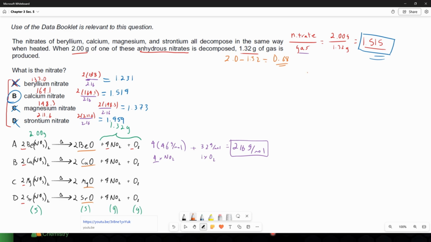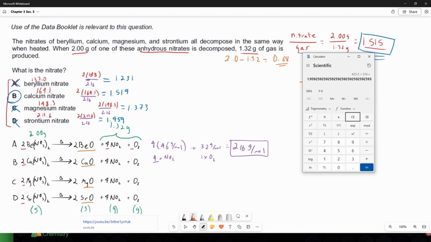If we do a ratio of 2.0 to 0.68, let me get my calculator, 2 divided by 0.68 is 2.941.